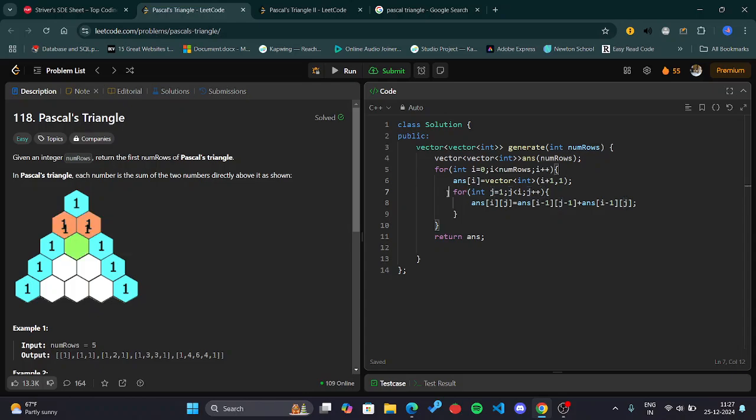So I have again taken a for loop that's running from 1. The final value at i, j will be what I have told you. See, this is 0 and 1, so add this 0 and 1, that is, i minus 1, j minus 1, plus i minus 1, j. This is a row and column thing that's happening.